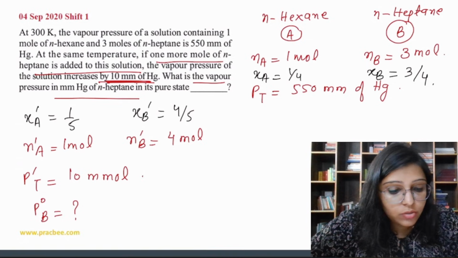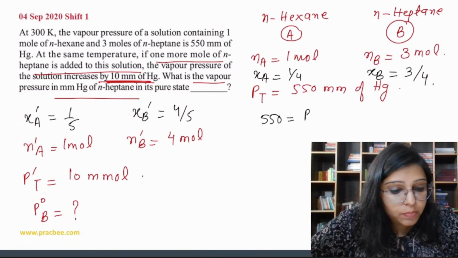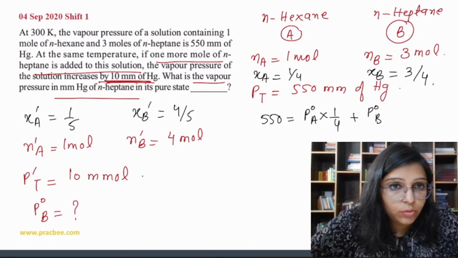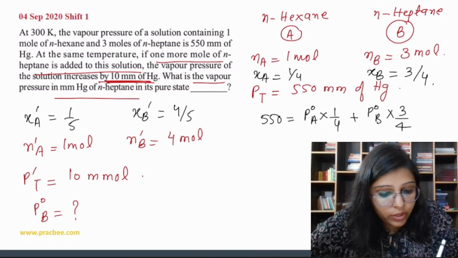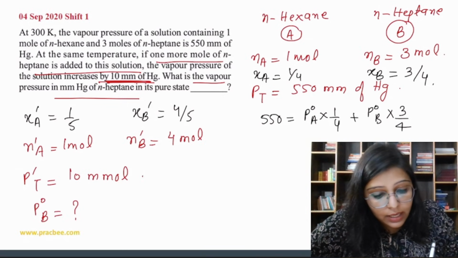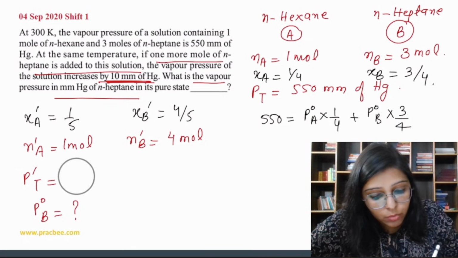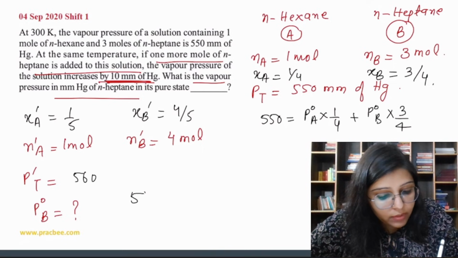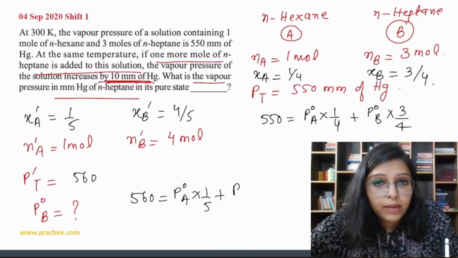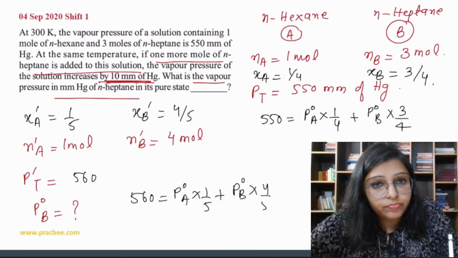So the first equation is going to be 550 equals P naught A into 1 by 4 plus P naught B into 3 by 4. It increases by 10 mm of Hg, so here it is 560. So here we write 560 is equal to P naught A into 1 by 5 plus P naught B into 4 by 5.